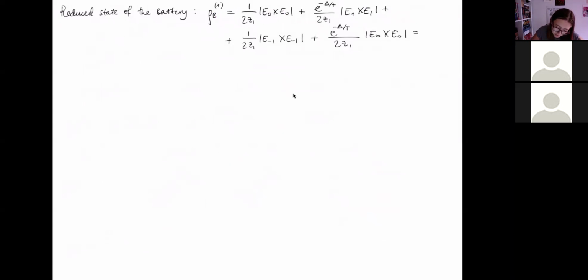Okay, so we have some terms which are the same for the e0 e0. And we also know that Z1 is 1 plus e to the power minus delta over t, which means that we have 1/2 E0 plus this.